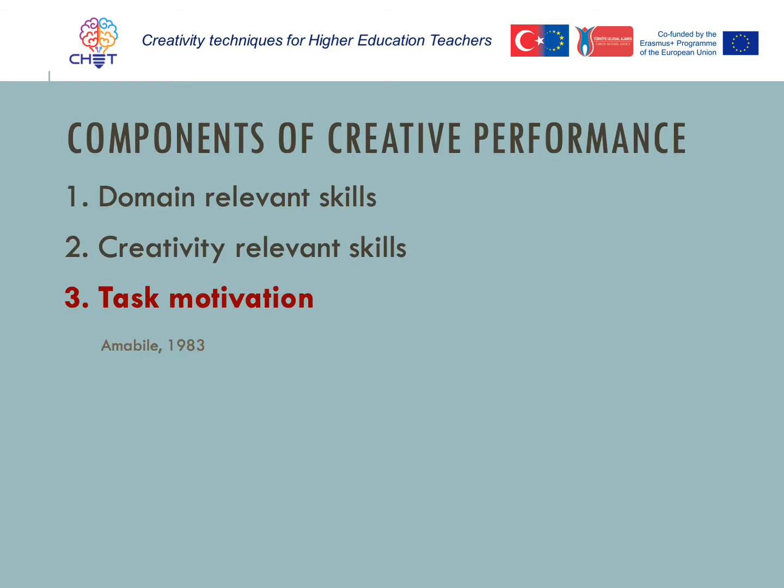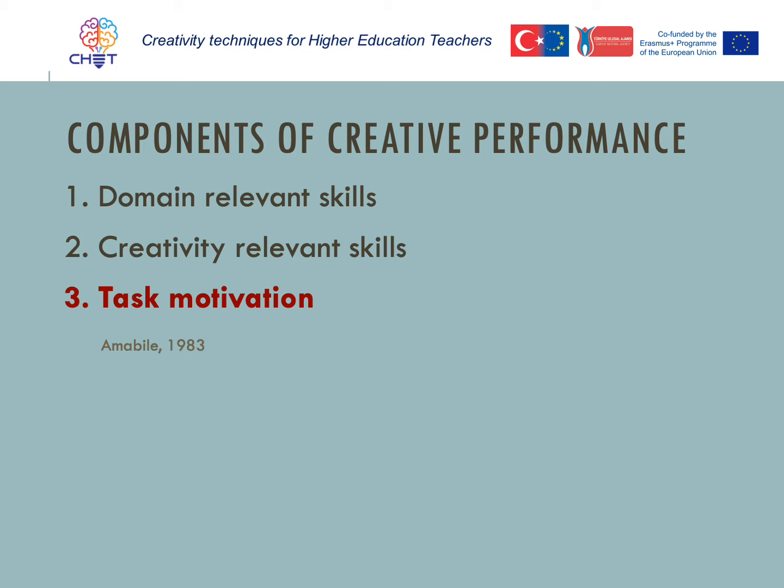And the creative performance depends on three components based on Amabile. The first one is the domain relevant skills, then we have creativity relevant skills, and the task motivation. We're going to talk about task motivation now, but I'll give you a brief explanation of the first two.